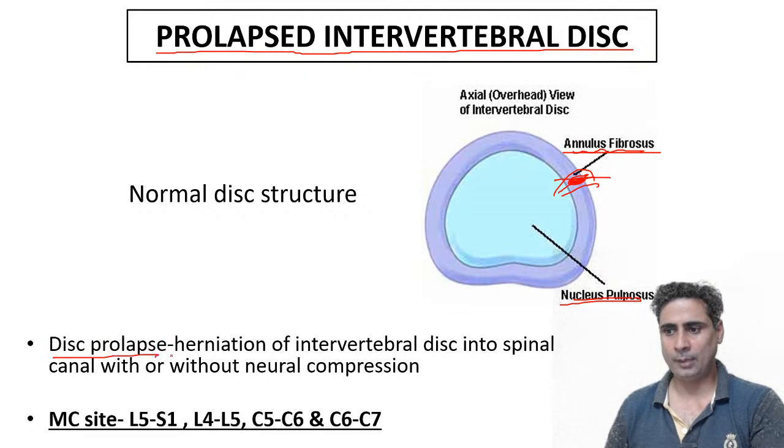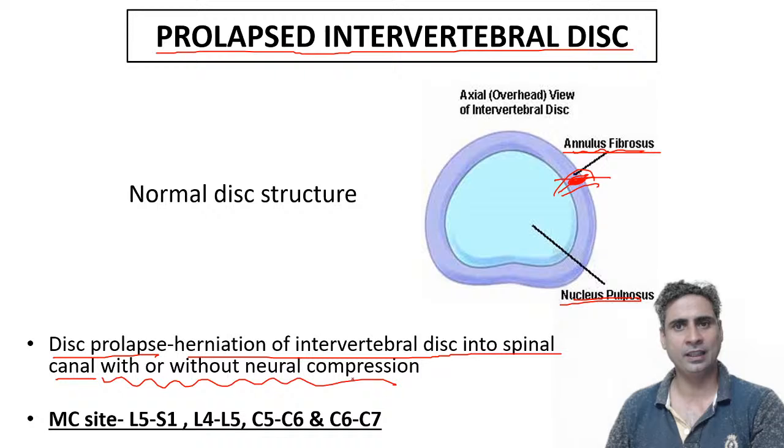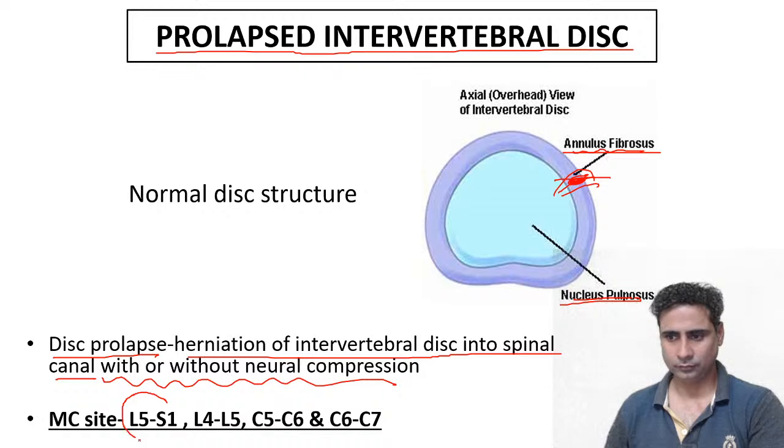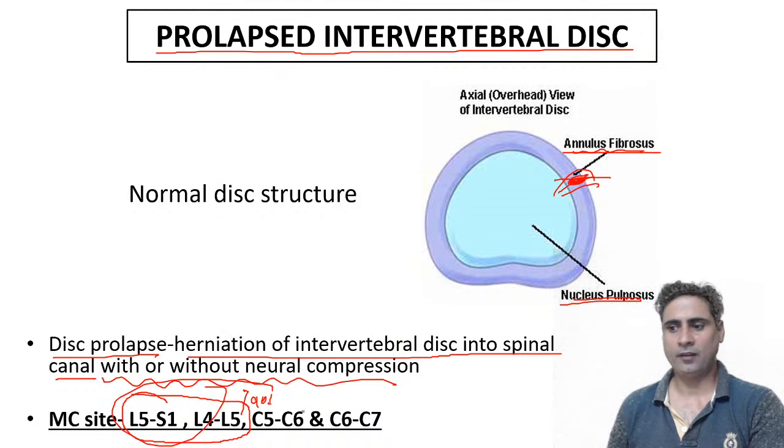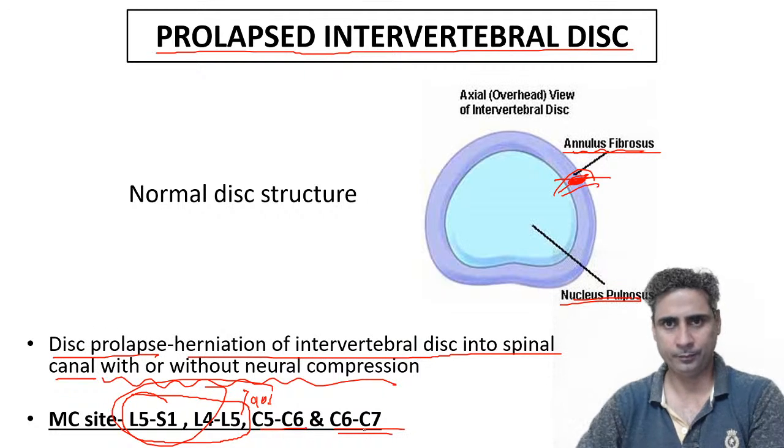So disc prolapse is herniation of the intervertebral disc into the spinal canal with or without neurological compression. The most common area of disc prolapse is L4, L5 and L5 S1. More than 90% of discs are at this level. In the cervical spine, it is the C5, C6 and C6, C7 level.